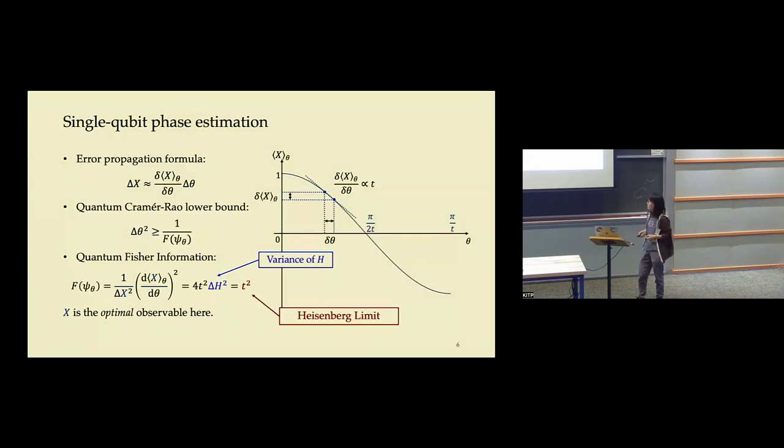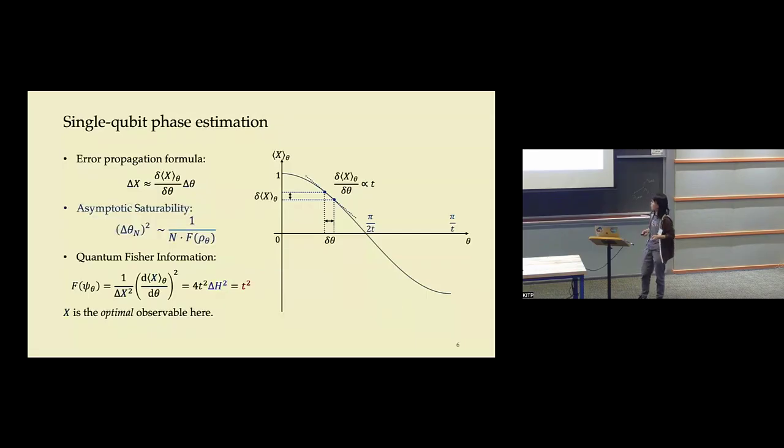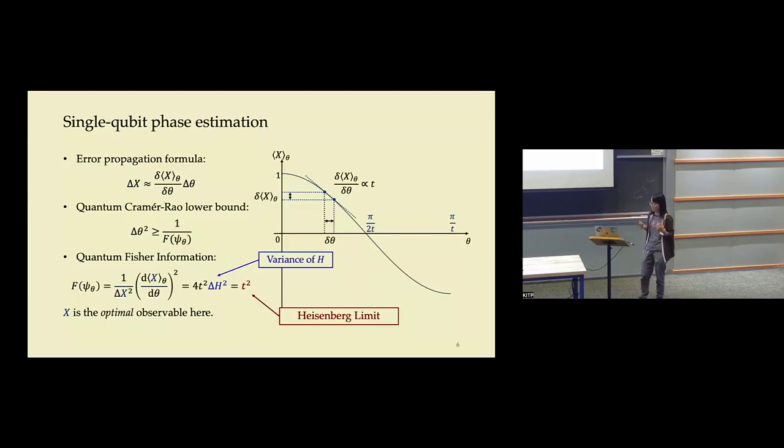The other parameter is the scaling with respect to the sensing time, which here is quadratic. This is the so-called Heisenberg limit, and it is the best limit you can achieve using this type of single qubit Hamiltonian rotation experiment. Another thing I want to point out is that this quantum Cramér-Rao bound is not only a lower bound, it is actually achievable in the asymptotic sense.